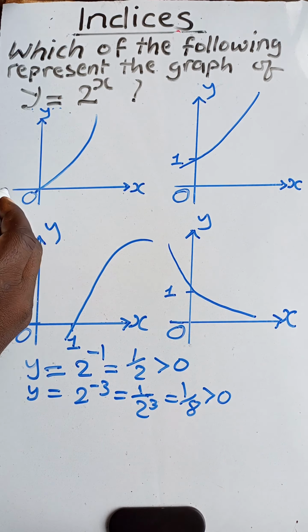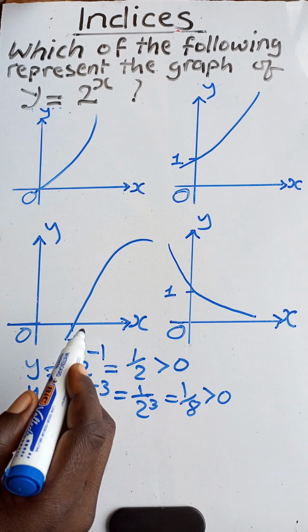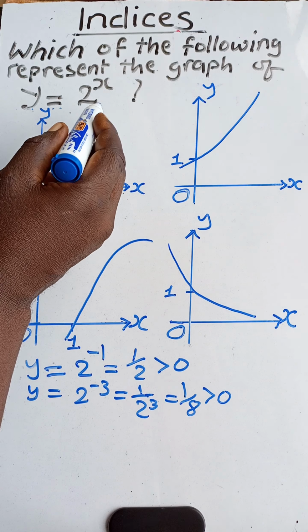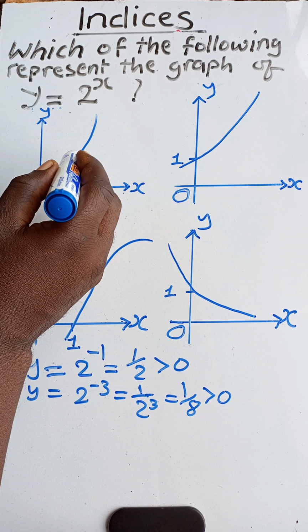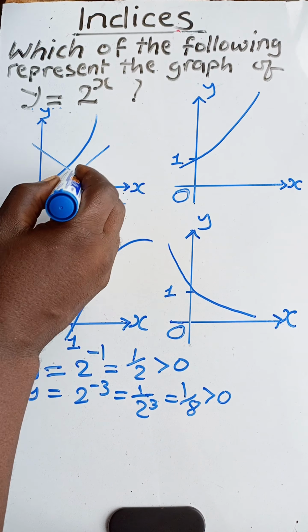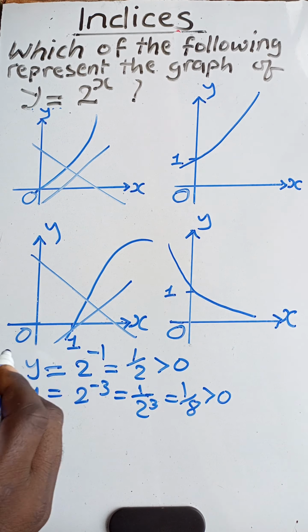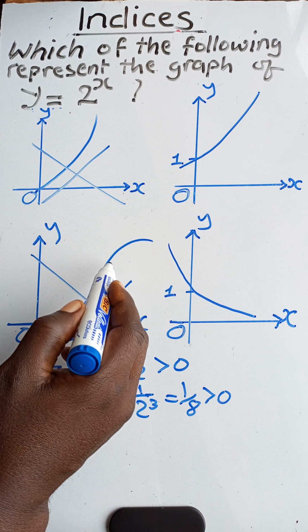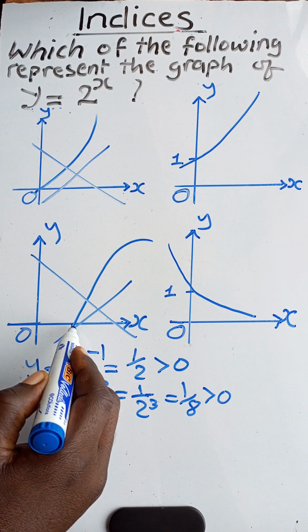But we have just seen from our analysis that y can never be 0. It therefore means that any option where the graph crosses the x-axis should be rejected. These two options are rejected because the graph crosses the x-axis.